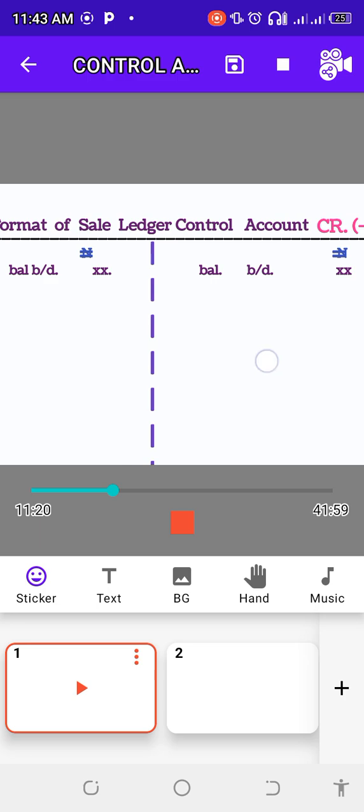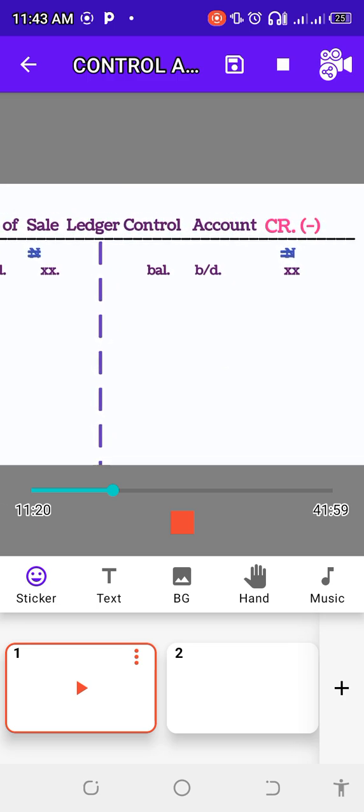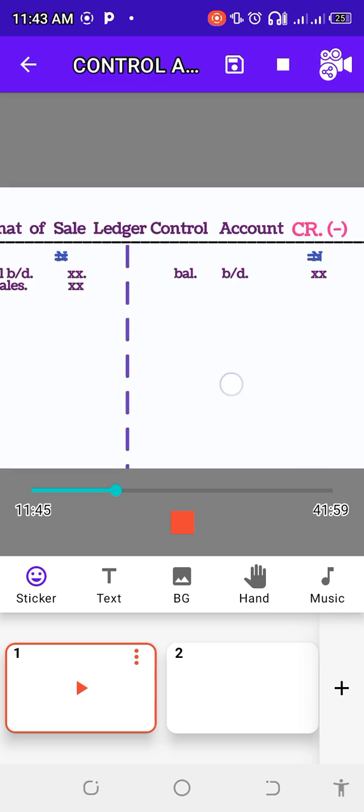This balance brought down on the credit side is a result of overpayment by credit customers. Some of the customers that are owing us have made an additional payment, or an overpayment, and such an overpayment is a current liability, and so it should be on the reducing side of the sales ledger control account, which is the credit side.